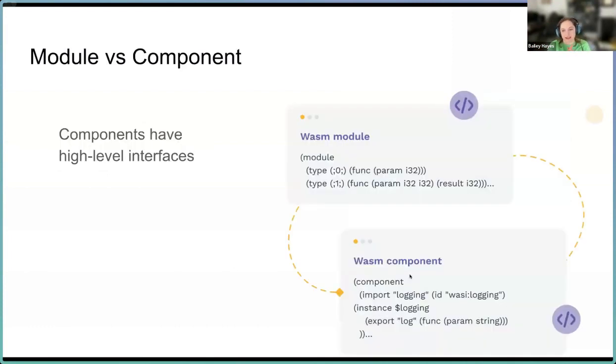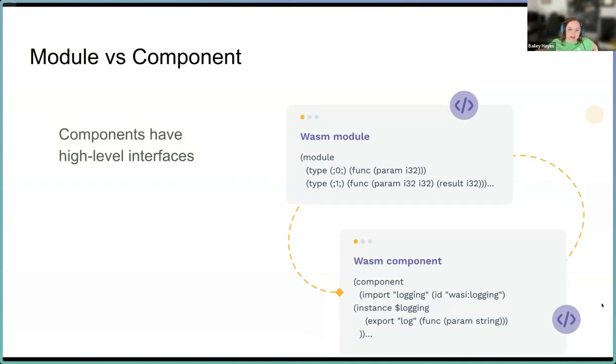You might be wondering, what's the key difference between a module and a component? Not a ton, actually. The main difference is that a component wraps a module or multiple modules with high-level interfaces. The interface I picked here was totally on purpose: the logging interface allows me to pass in a string. If you've messed around with modules before, you know you have to have an agreed upon way of taking the string, which is done differently per language, in Python or Rust, and stuffing it into your core module as i32s.